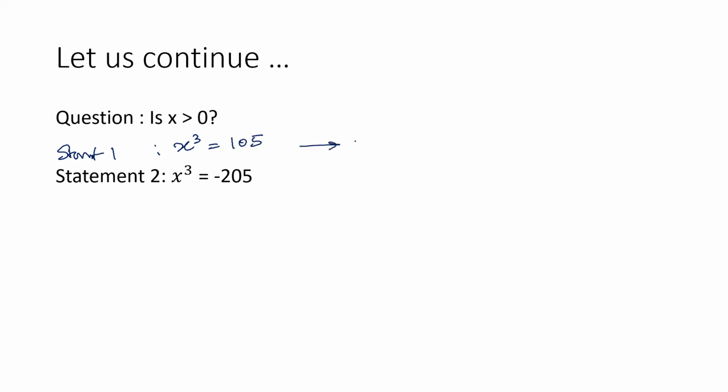So statement 1 alone, yes, it is sufficient to answer the question. Statement 2 alone is also sufficient enough to answer the question. So for this particular question, I will say that either statement alone is sufficient.